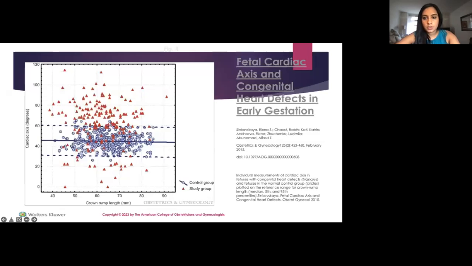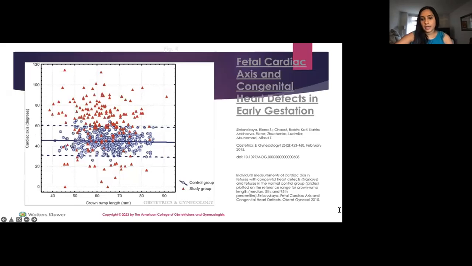So this was from a case control study looking at the fetal axis between 11 and 14 weeks and 6 days. And they looked at 197 fetuses with confirmed congenital heart defects. And then their control group were normal fetuses with similar crown rump lengths. So the x-axis is your crown rump length and the y-axis is your cardiac axis in degrees.